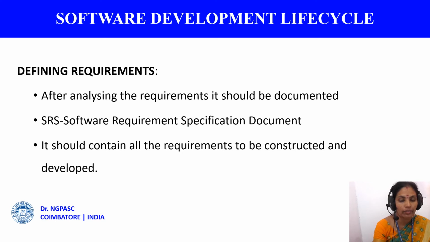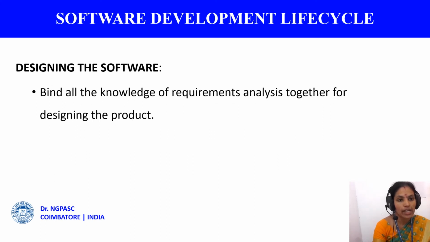Whenever we have any clarification regarding the requirements by the end user, we can refer to that SRS. It should contain all the requirements to be constructed and developed. So all those things will be there in the SRS, and we must develop all those requirements in a software product.